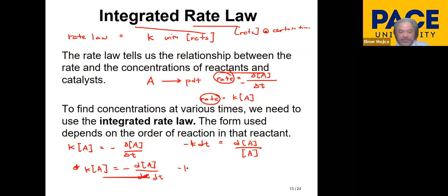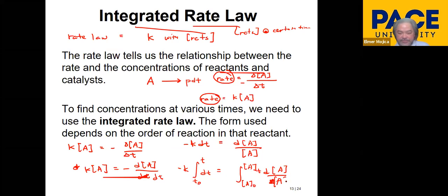I have negative k, I integrate dt from the initial time until a certain t, and I also integrate the other side, the initial concentration of A to the concentration at a certain time.